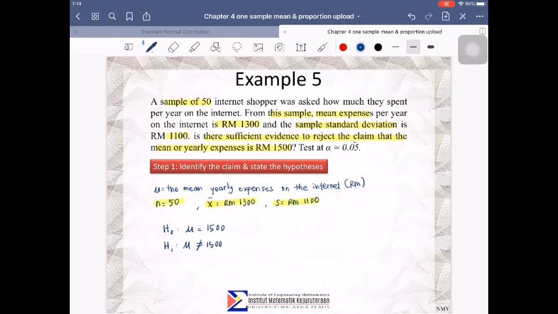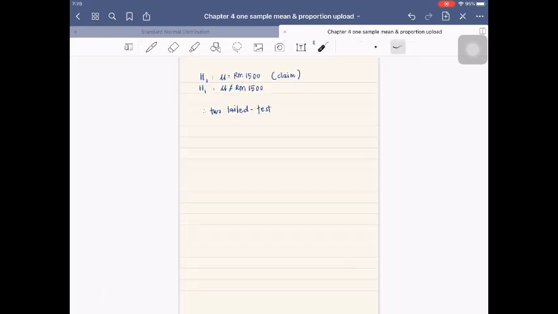Our claim that the mean is 1,500 is denoted by the equal sign. So H null is our claim. Based on the hypothesis statement, we're going to have a two-tailed test.